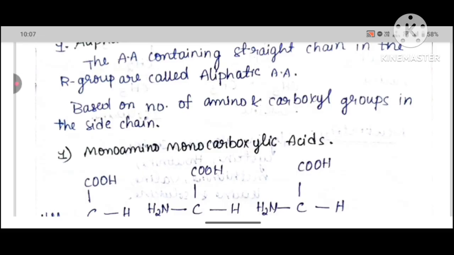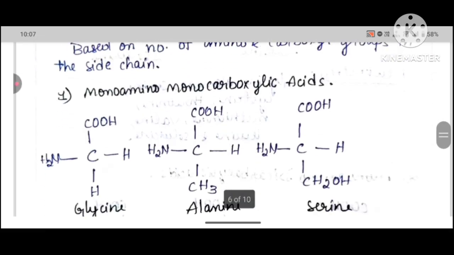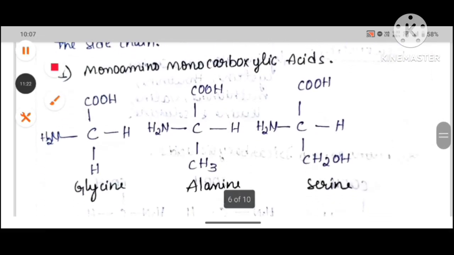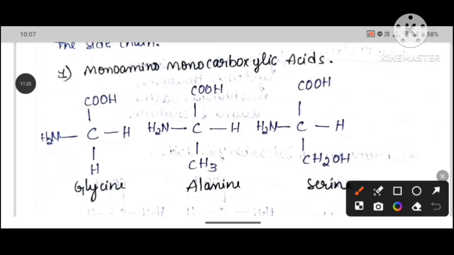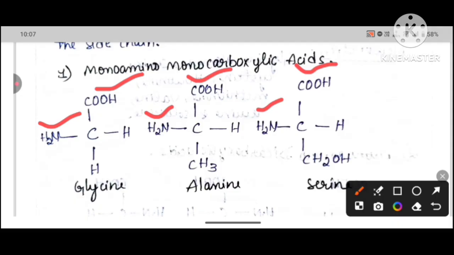These aliphatic amino acids are classified as monoamino monocarboxylic acid, having a single carboxylic group and a single amino group. That's why these amino acids are known as monoamino monocarboxylic acids. The examples will be glycine, alanine, and serine.